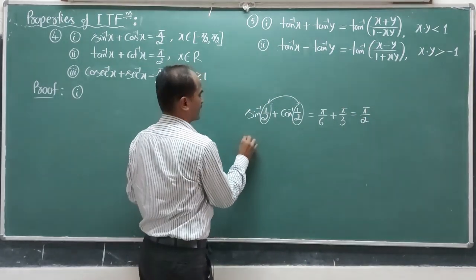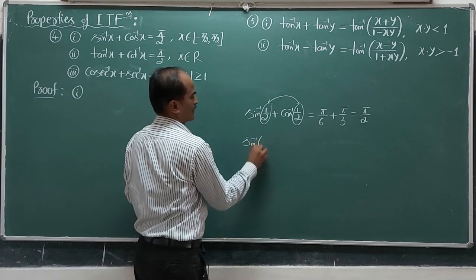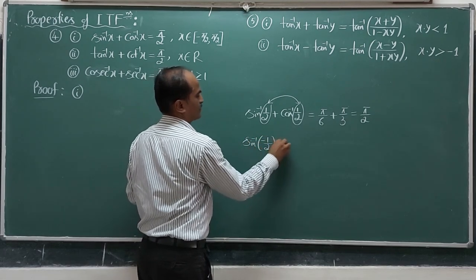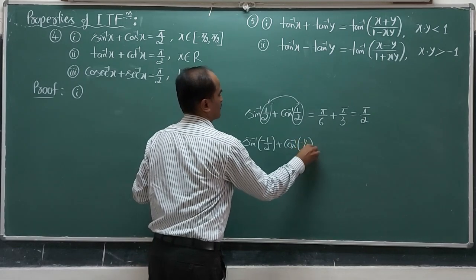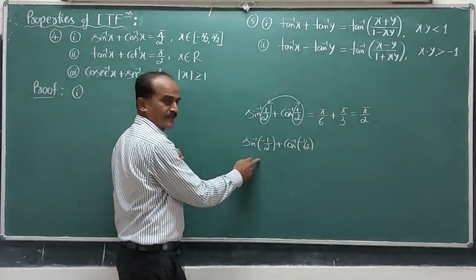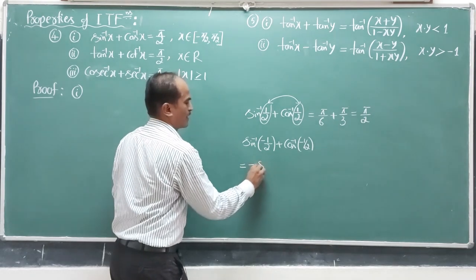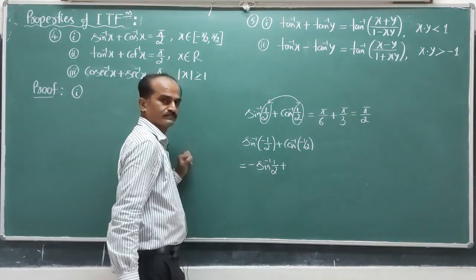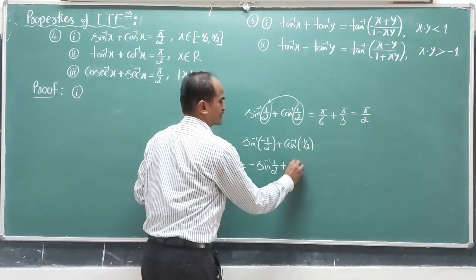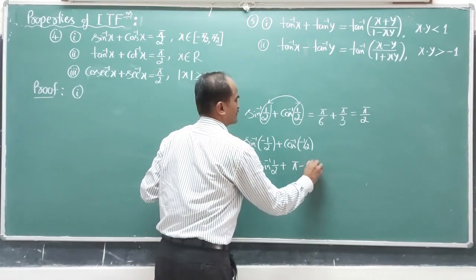Even when it is negative also, sin inverse of minus 1 by 2 plus cos inverse of minus 1 by 2. Sin inverse of minus x is minus sin inverse x. Cos inverse of minus x is pi minus cos inverse x.